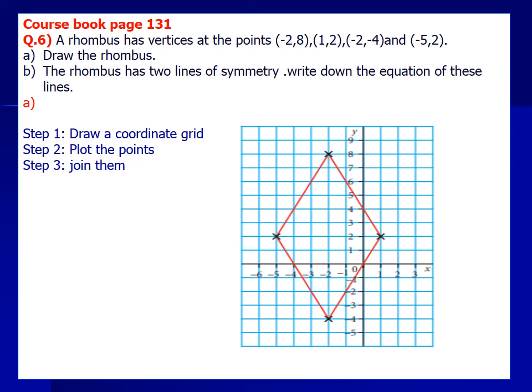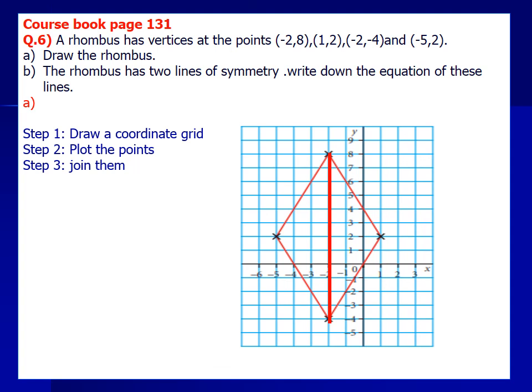After we finish A, we will solve now B. First, tell me, what's the meaning of line of symmetry? Line of symmetry, it's an imaginary line that cuts the shape into 2 equal parts. I will draw now the first line of symmetry. What do you notice about this line of symmetry?